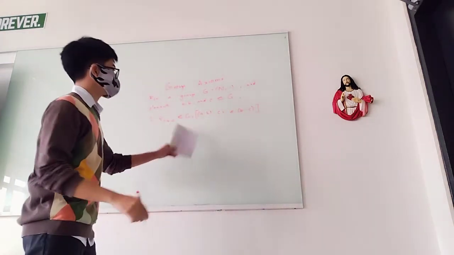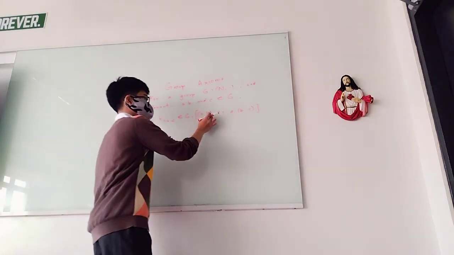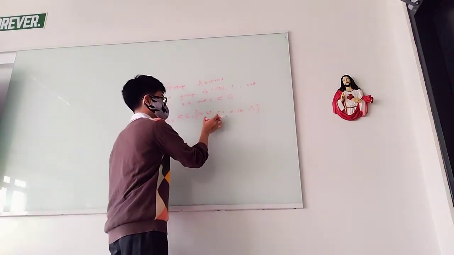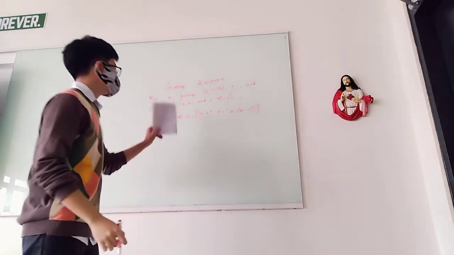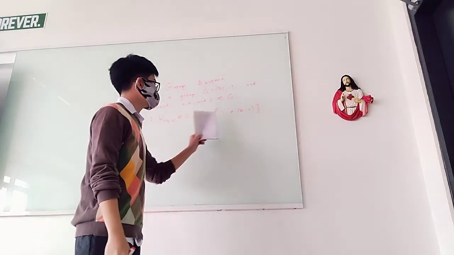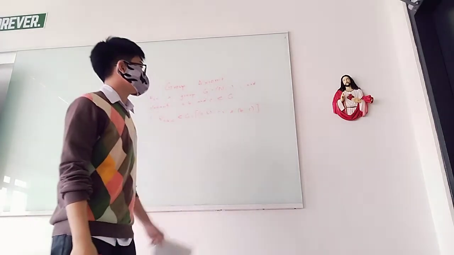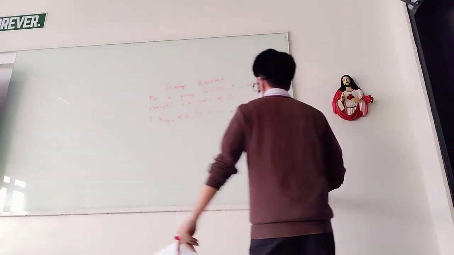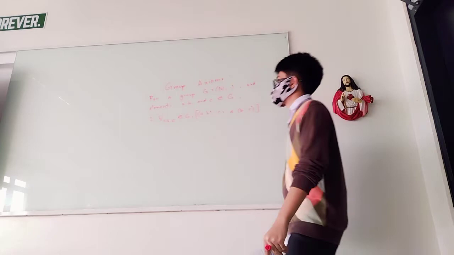What this first axiom is saying is that it's associative. So if we have 3 elements and we multiply 2 things first, and then multiply the third thing, it's the same as multiplying the second and third things first, and then doing the first.